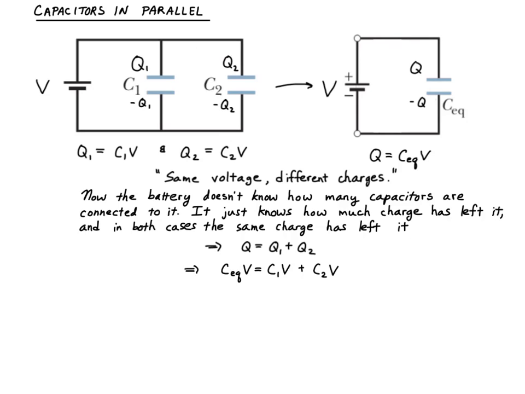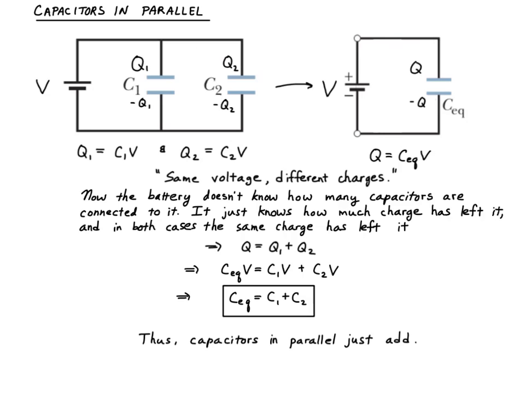Putting in our expressions for the Q's from above, we have this. And then dividing out V, we're left with C equivalent equals C1 plus C2. And so the general rule is that when you have capacitors in parallel, the capacitances simply add.